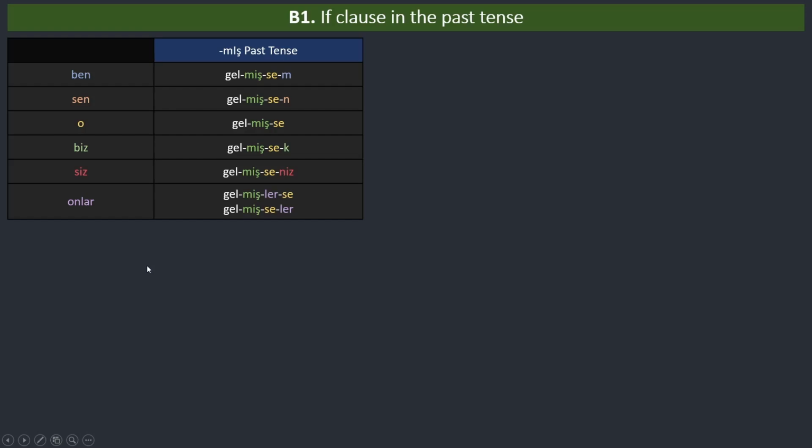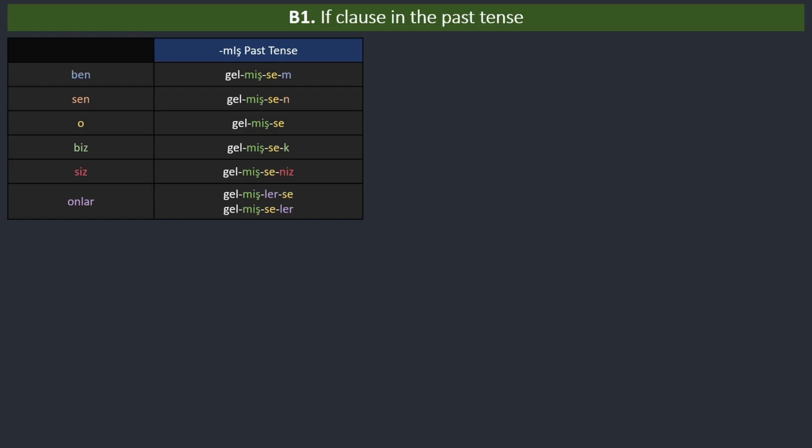So, let's have the mış past tense. Mış past tense doesn't actually have many details. If you know how the mış past tense works, using if clause with mış tense will be very easy, because for those who don't know, the mış tense is the inferential past tense or heard past tense, like you hear from another source or you collect evidence and come to a conclusion.